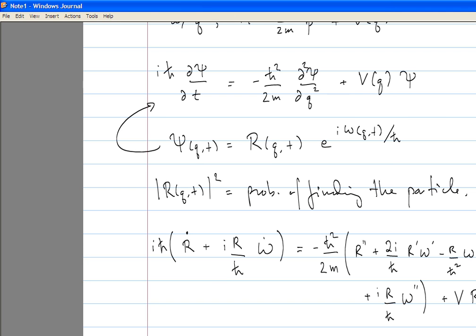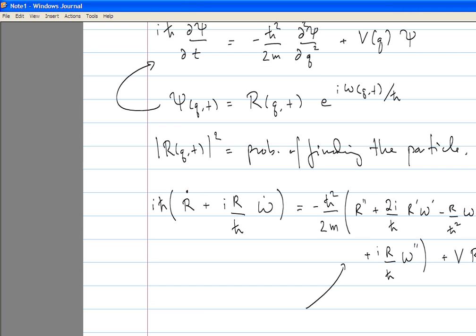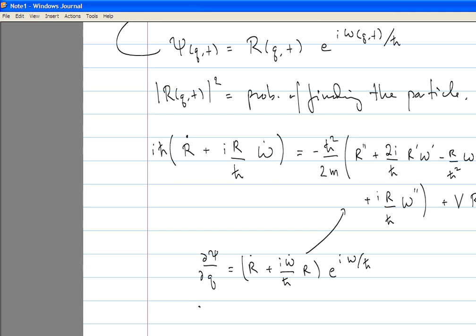In order to derive this, we use the fact that d psi by dq is equal to r dot plus i w dot over h bar r times e to the i w over h bar. And so the second derivative is a bunch of different terms.